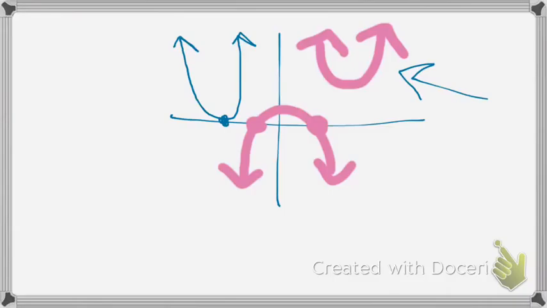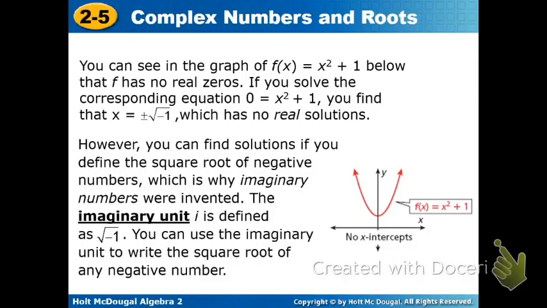So when we talk about roots, there's no real roots. It doesn't cross that x-axis. But we can find the imaginary roots. Okay, so let that sink in. There are imaginary roots for that graph that does not hit that x-axis.